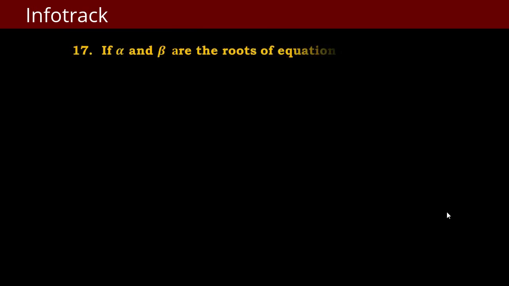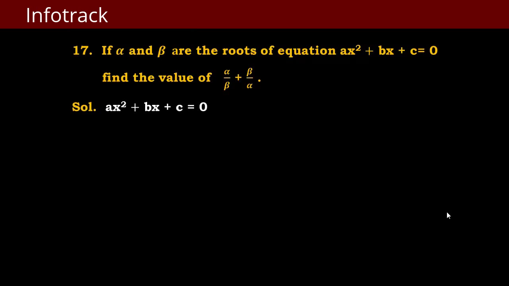If alpha and beta are the roots of the equation x square plus bx plus c is equal to 0, find the value of alpha upon beta plus beta upon alpha. So student, first you have to write the given equation x square plus bx plus c is equal to 0.